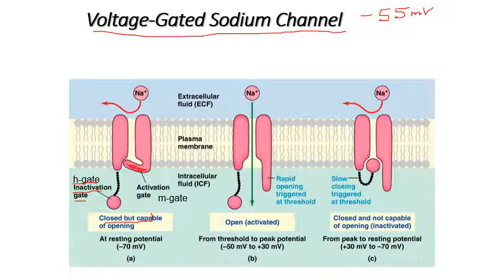This inactivation gate is slower. It still is triggered by negative 55, but the most rapid thing to happen is this activation gate opens up, allows sodium in, and then ultimately this slower inactivation gate will come in. By slower, we mean by like a millisecond.